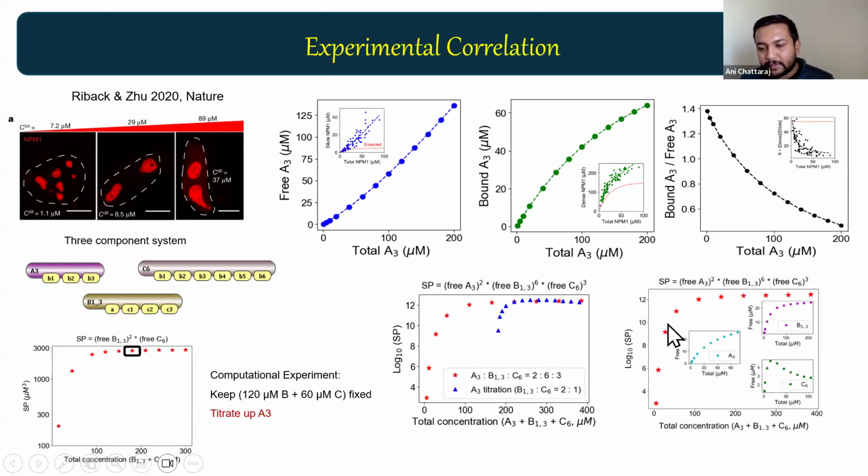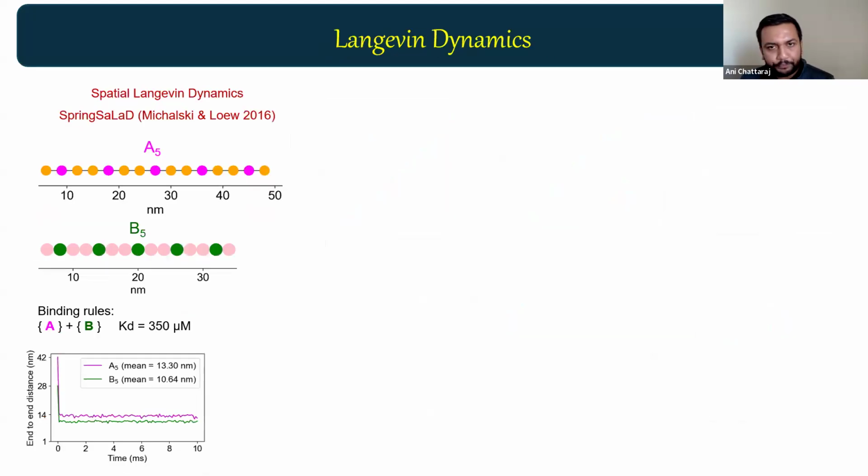And if we look at this particular system where we are changing A, B, C all at the same time, these insets are the free concentrations of the individual components. Although these A, B, C's all change in all kinds of directions, this solubility product again reaches a constant level, and that defines the phase transition boundary here. So this was an interesting discovery.